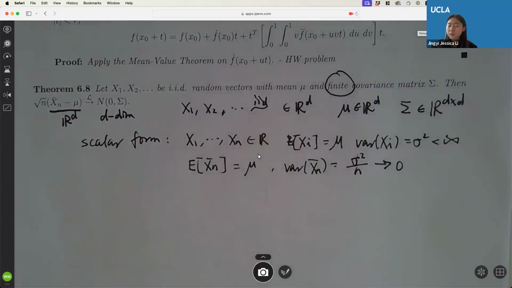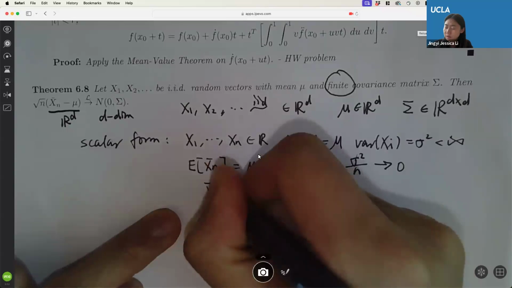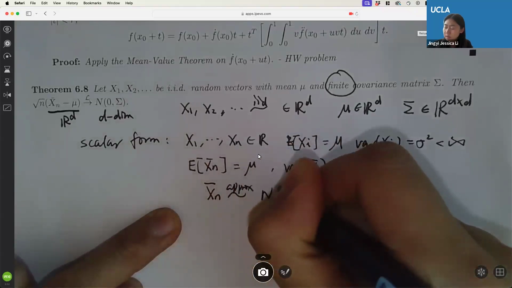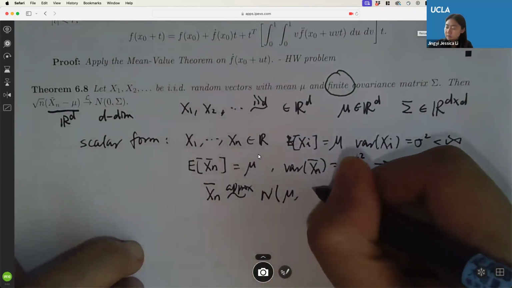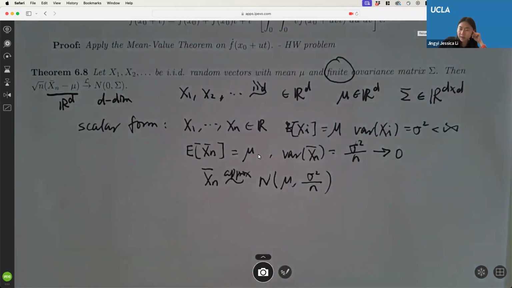So if we know that x n bar will be more and more likely normally distributed, then we can write the central limit theorem result approximately as normal distribution with mean mu and variance sigma squared over n. So if we write this way, then the problem with the right-hand side is that it will go down to 0.